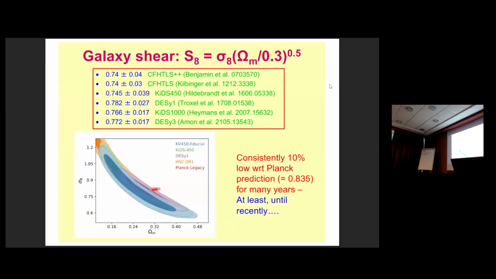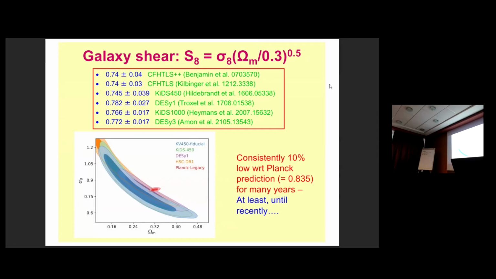And of course, there are other ways, which we mentioned at this meeting before, of probing those same quantities. Weak galaxy shear has been the principal probe for years. So their dependence on the density is of intermediate strength between the CMB lensing effects I talked about. So it's sigma 8 omega matter to the 0.5.